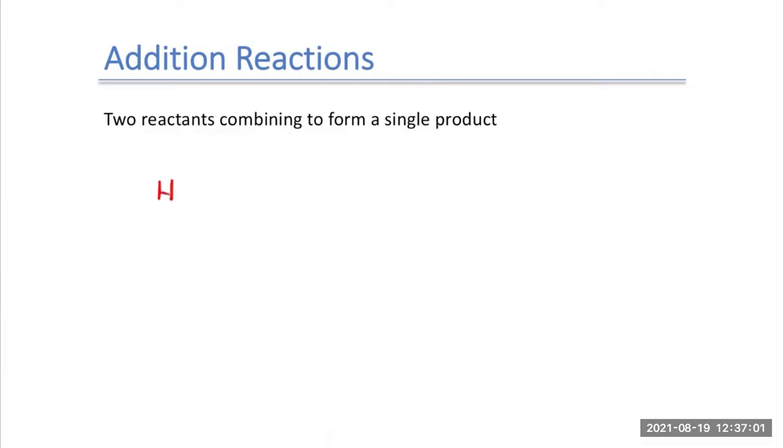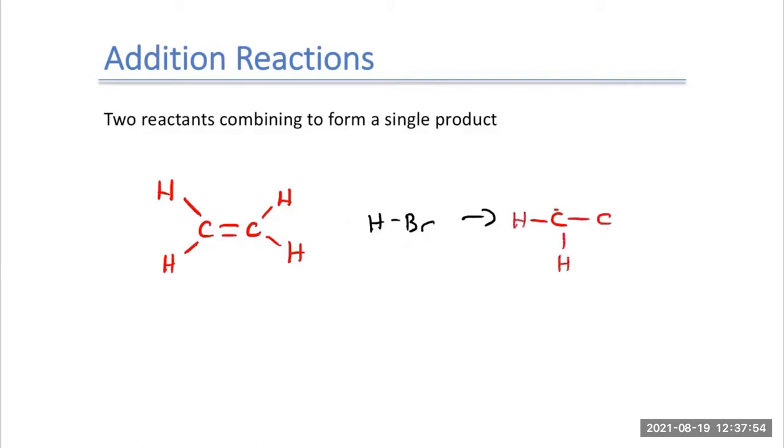So for example, if we had ethylene, which is just C2H4, and hydrobromic acid, these two will react together in an addition reaction, where the HBr is added to our molecule.